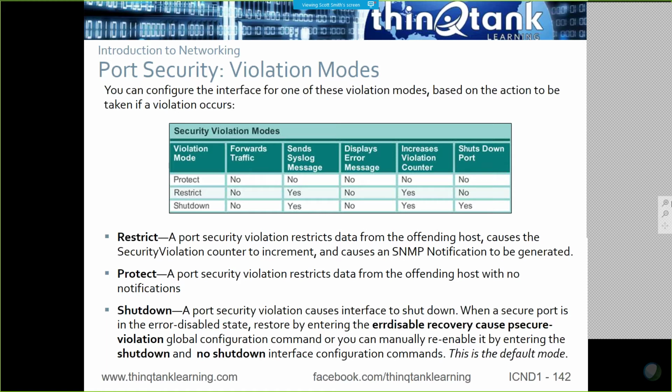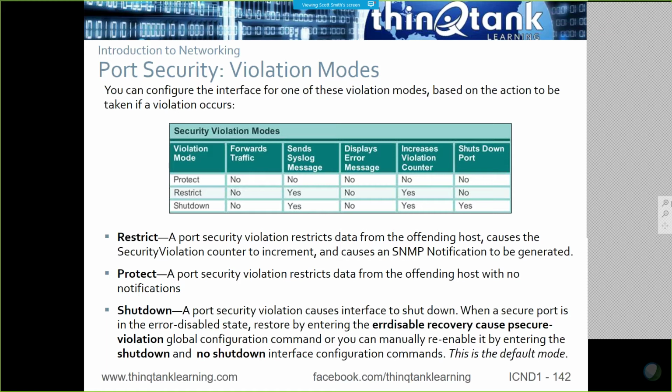So obviously with port security, we're trying to mitigate some sort of attack vector, right? And typically that attack vector is rogue devices on the network. What is the definition of a rogue device? A device that's not permitted, not allowed, not authorized, right?